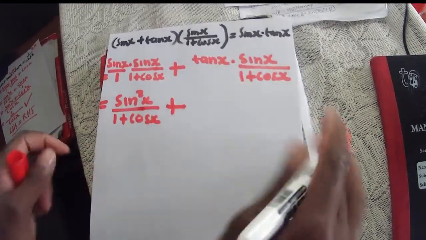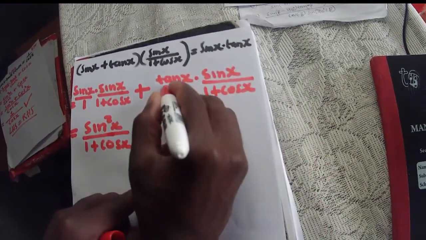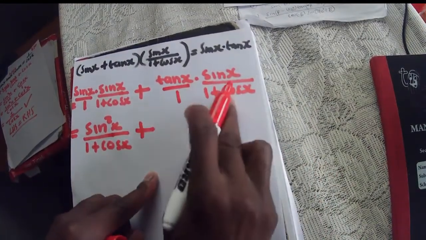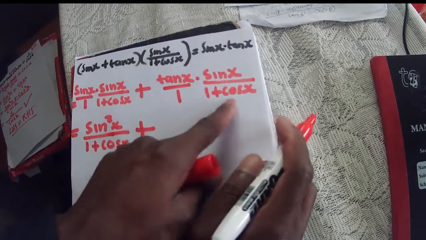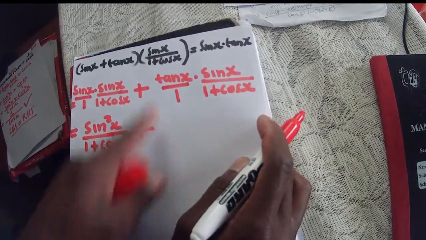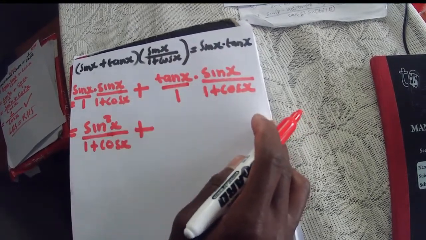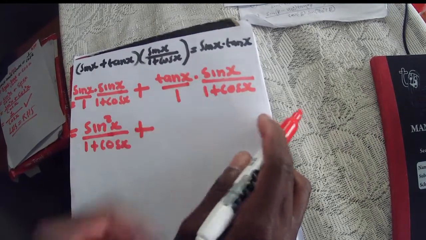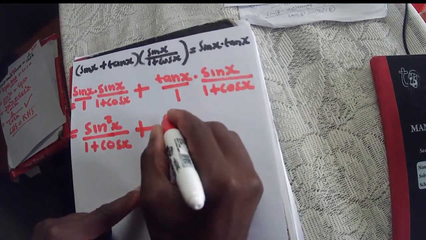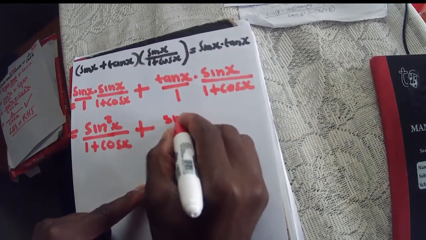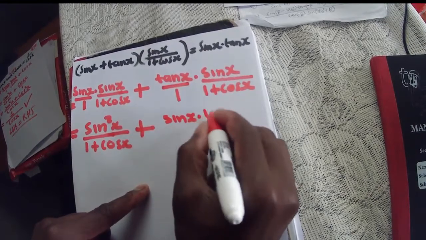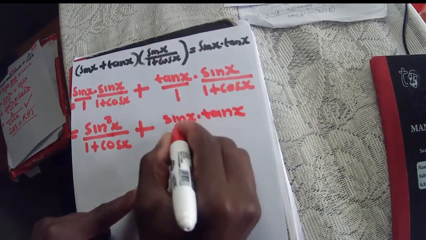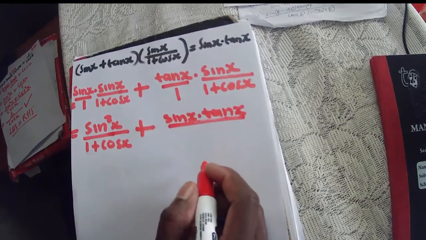So repeating the same thing here. I make this a fraction since I have a fraction over here. Let's multiply the numerators. Tan x multiplied by sine x, so I'm going to have sine x multiplied by tan x.